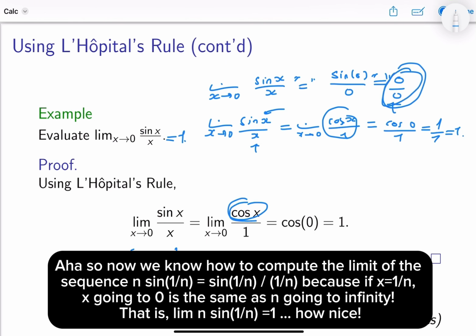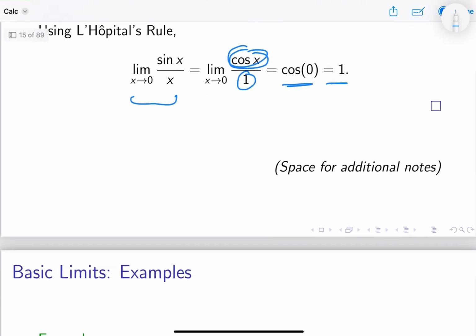You take the derivative above and the derivative below, and you get this thing, right? I stress another thing here: it should have this form. If it doesn't, you can't just say the limit of the ratio is the limit of the derivative of the numerator over the derivative of the denominator.